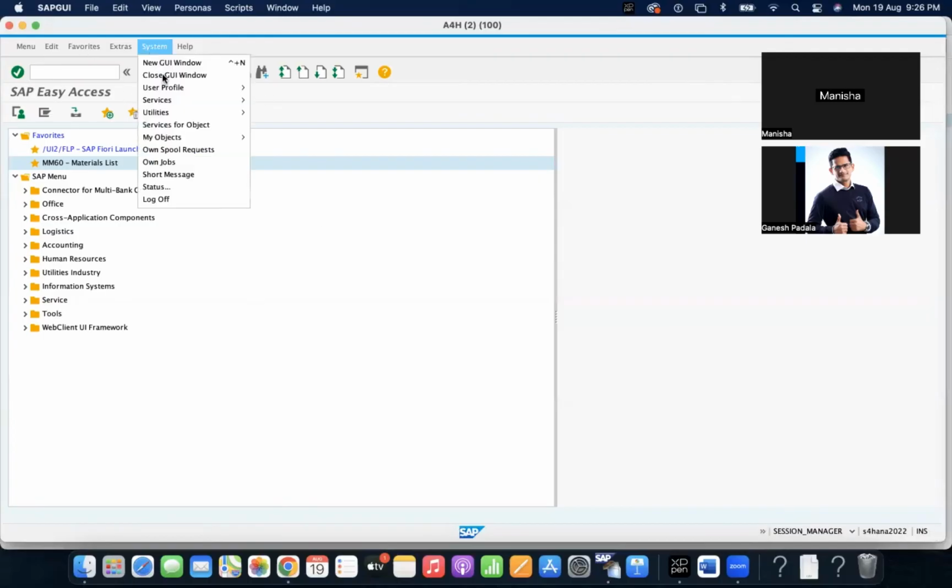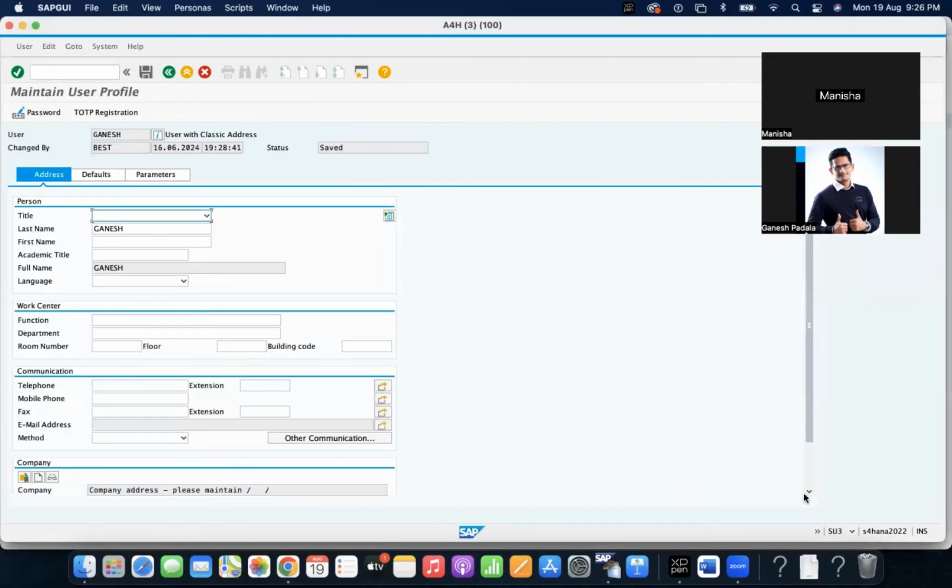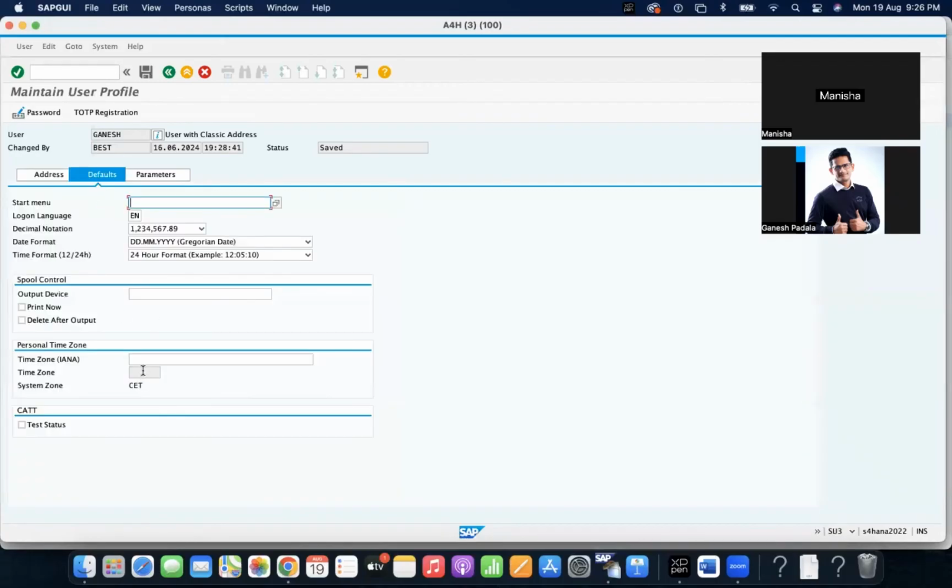Either you can do it with SU01D or else normally you can go to System, User Profile, and Own Data. So you will get a transaction code called SU3. There also you can see what your time zone is. And what your number format and date format are. These are all things you can control.